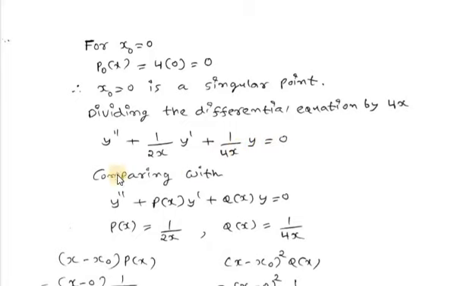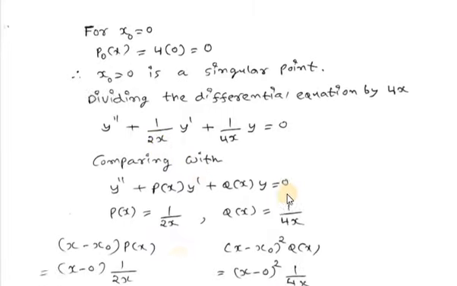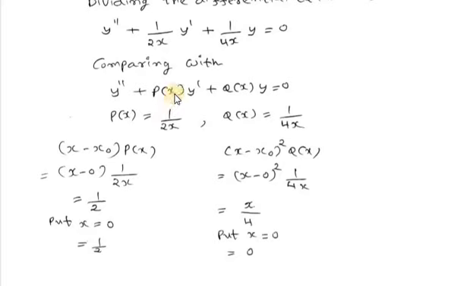Now comparing it with the standard form y'' plus p(x) y' plus q(x) y equals 0, we have p(x) equals 1 over 2x and q(x) equals 1 over 4x.